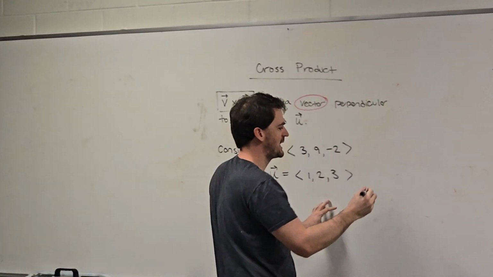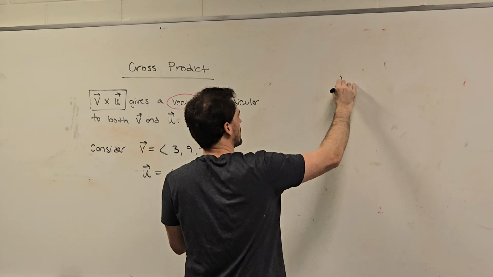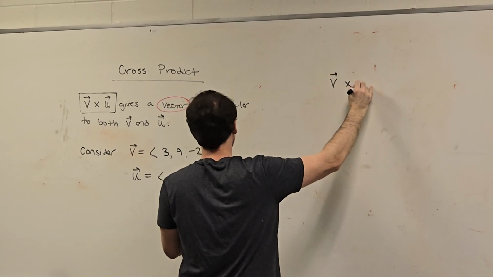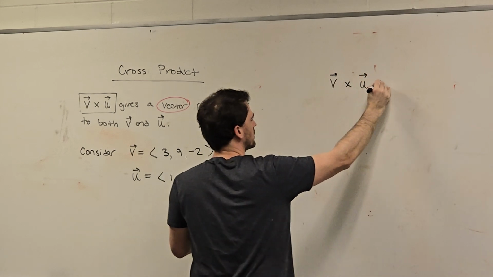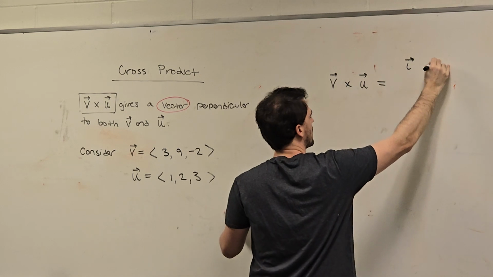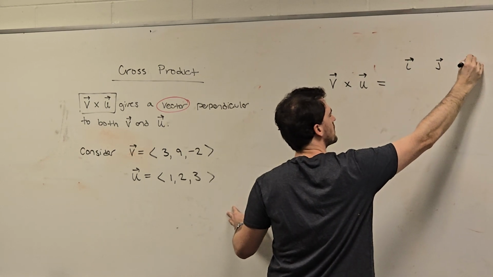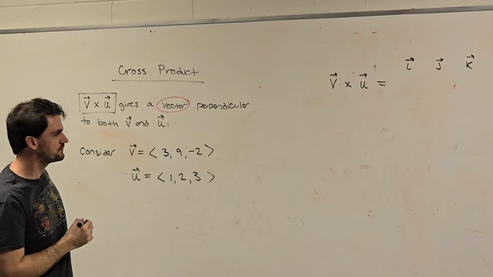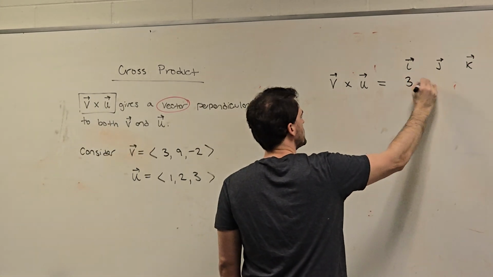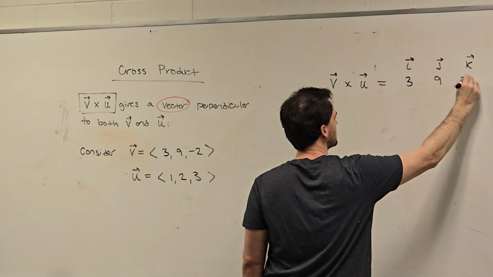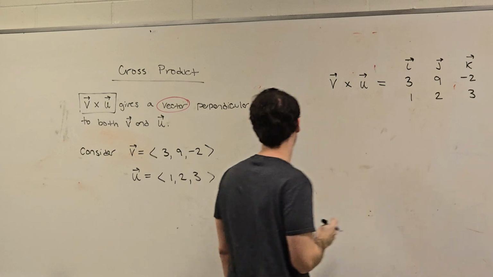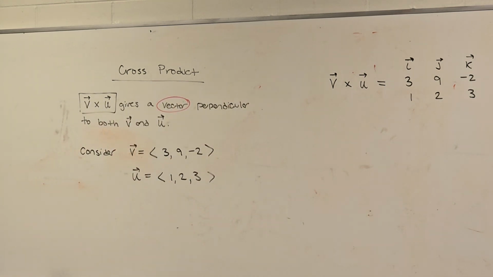If we want the cross product, we are going to put the two vectors in a matrix with 3 rows: i hat, j hat, and k hat, then vector v written second, and vector u written third.